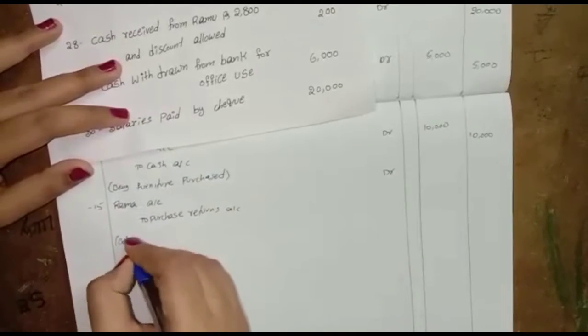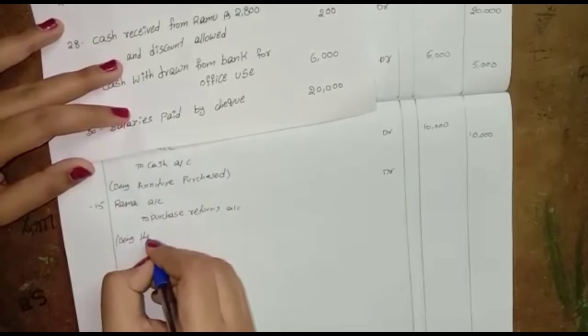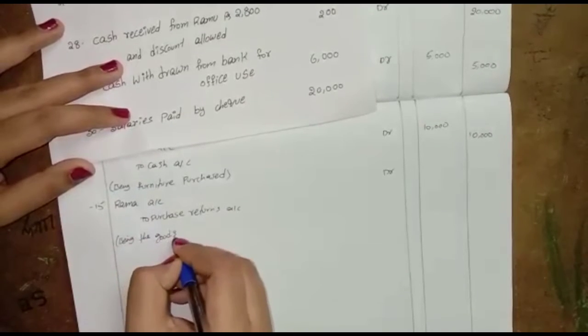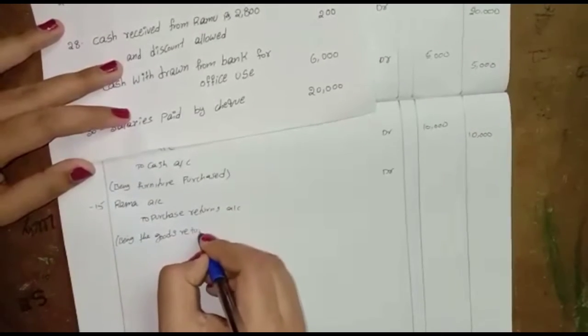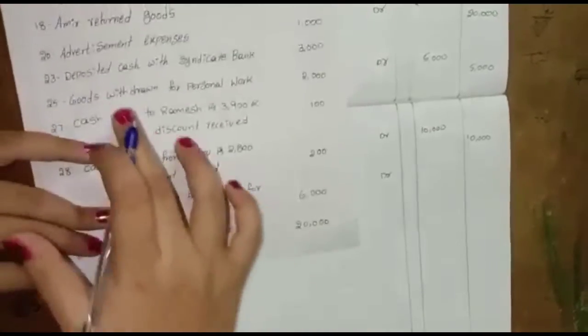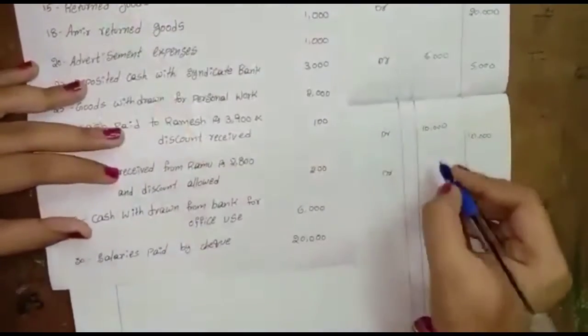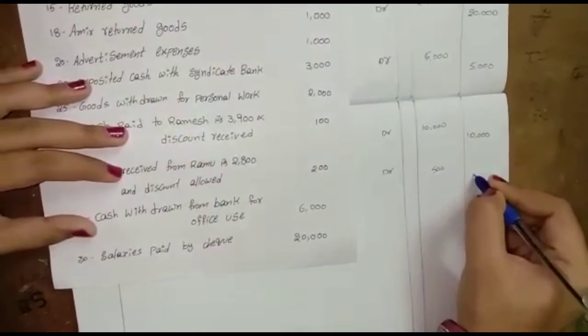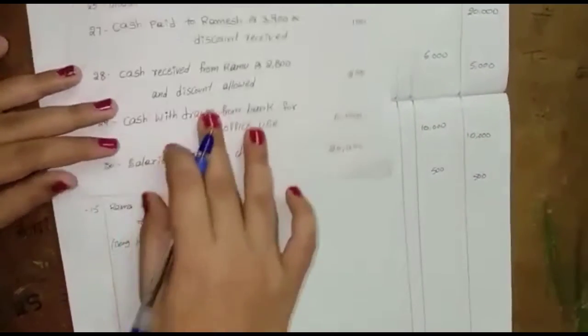The narration is being the goods returned. The amount is 500 rupees, goods we have returned back to Rama.